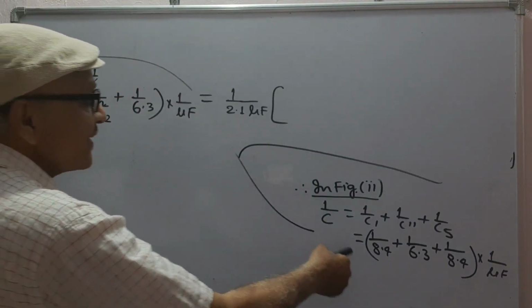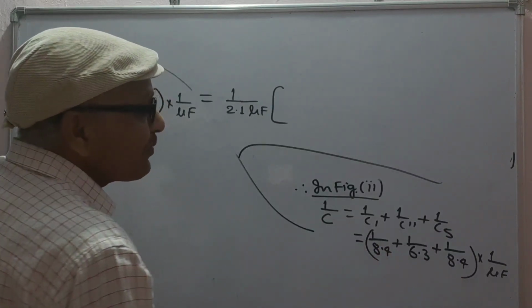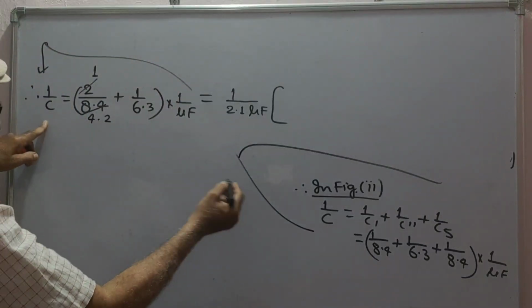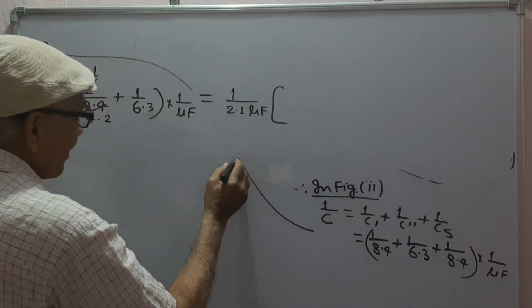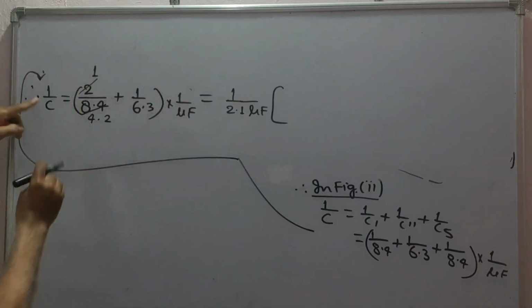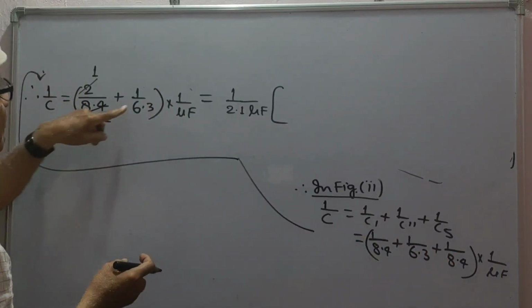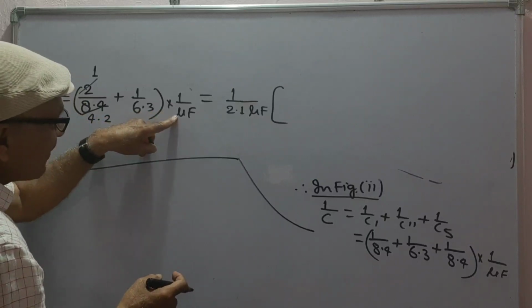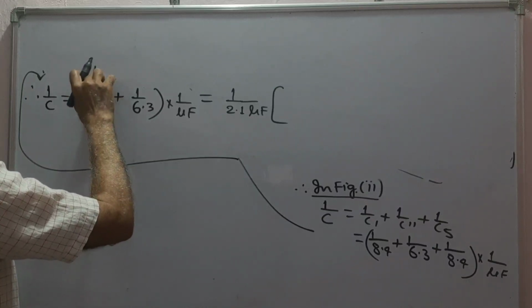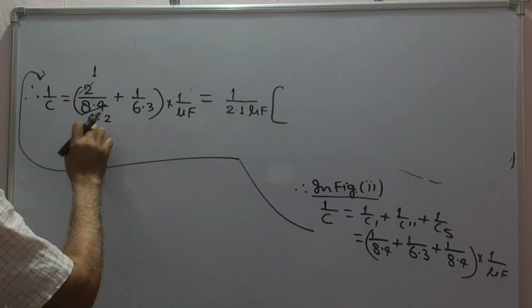This is 1 upon C is equal to 1 upon 8.4 plus 1 upon 6.3 plus 1 upon 8.4, into 1 upon microfarad, which may be rewritten as 1 upon C is equal to 2 upon 8.4 plus 1 upon 6.3 into 1 upon microfarad. 2 cancels 2, here 1 and here 4.2.